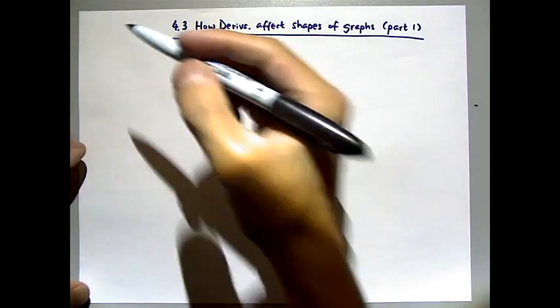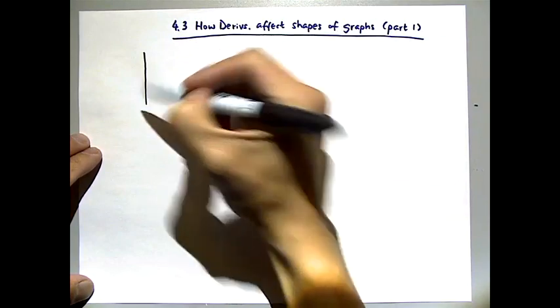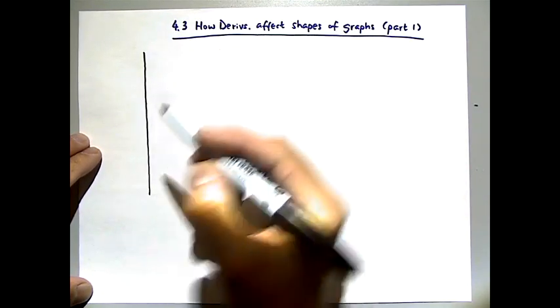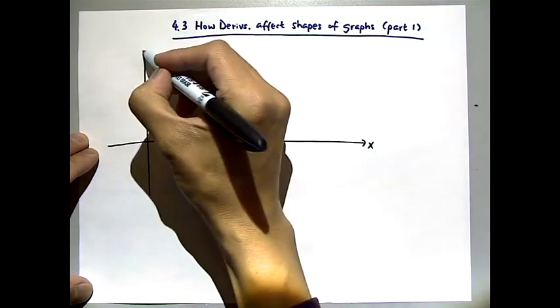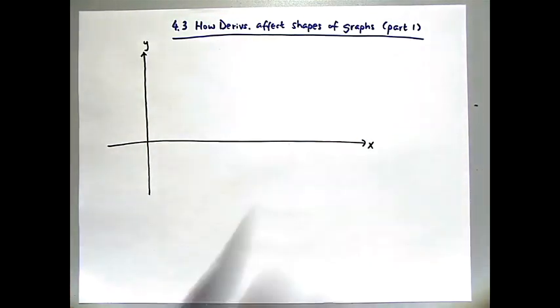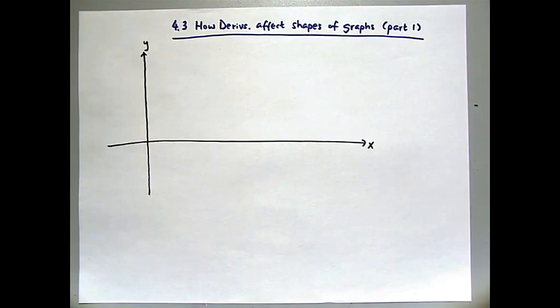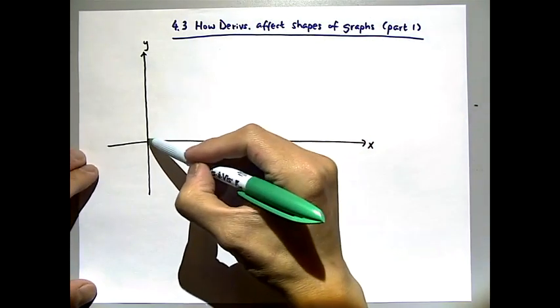I want to start by sketching a graph, pretty simple graph. Sketch it kind of big in your notes, because we're going to be adding stuff to it. I want this to look essentially like a sine graph.